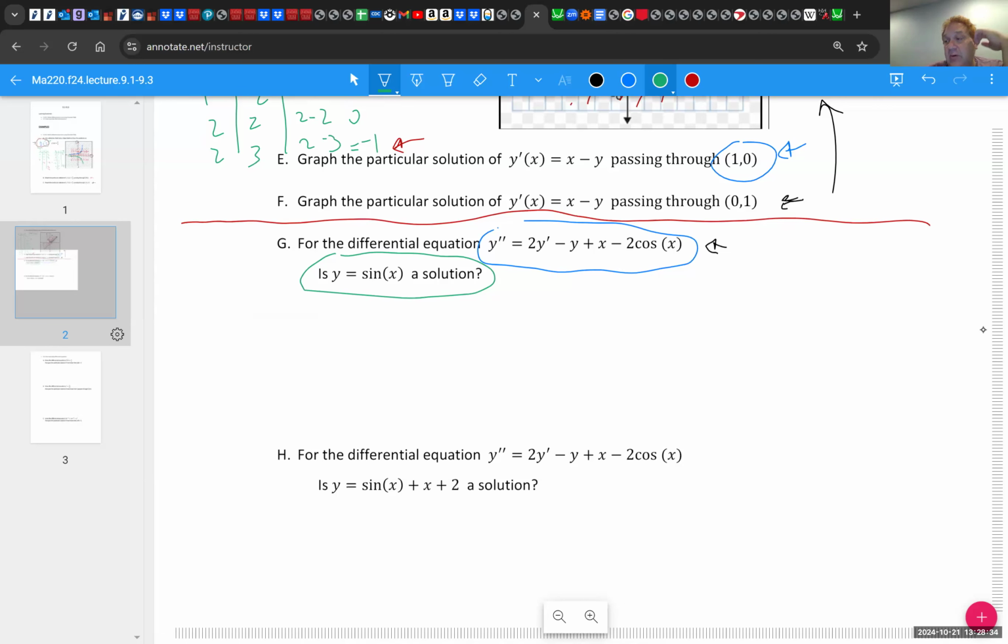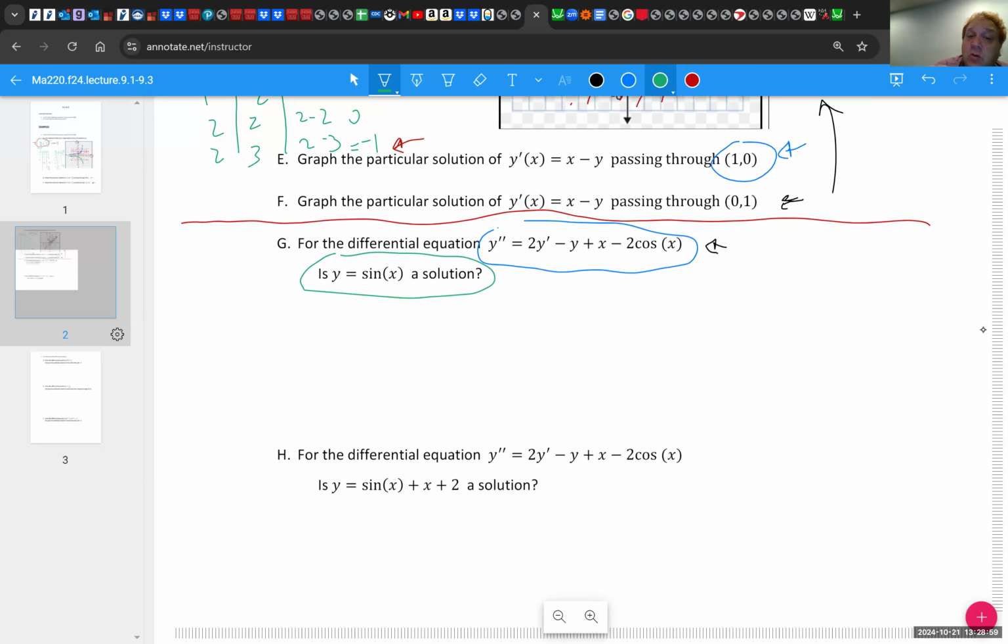Just like when you're doing basic algebra, you're checking to see if x equals 5 was the right answer. You plug in 5 and you see if you get the equal sign to equal out. And you're like, yeah, okay, it works, or it doesn't work. We're doing the same thing here, but with much more complicated equations, specifically differential equations. So we're going to have to plug into the left side and the right side to see if it works out.